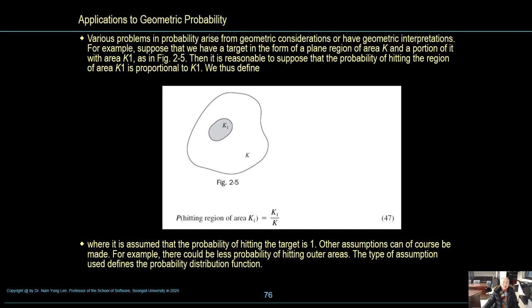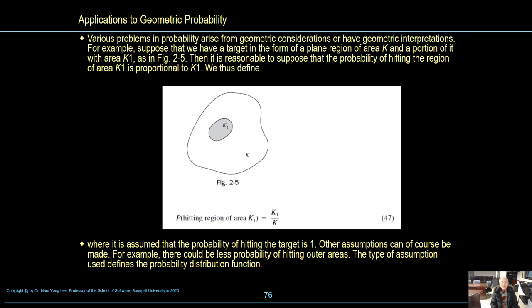Application of geometric probability. Various problems in probability arise from geometric considerations or have geometric interpretations. For example, suppose that we have a target in the form of a plane region of area K and a portion of it with the area K1, as in figure 2-5.